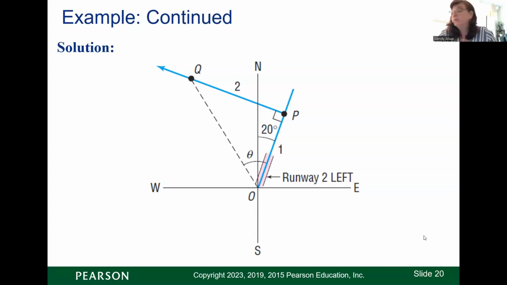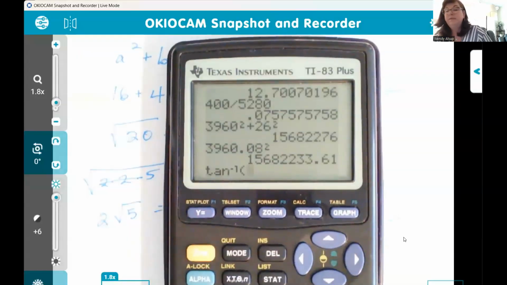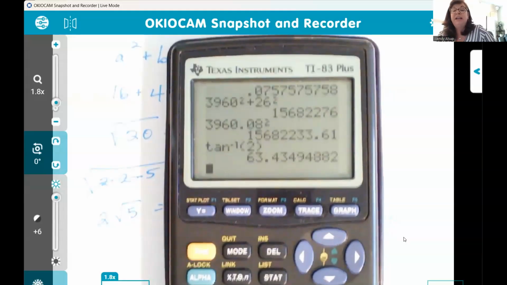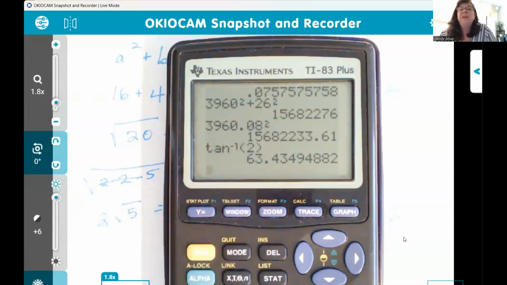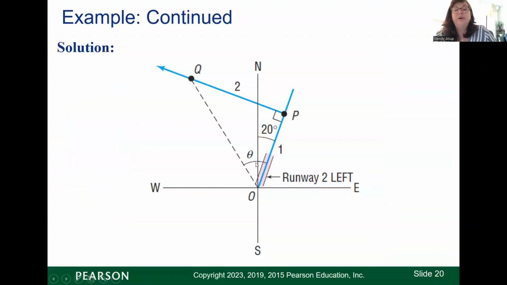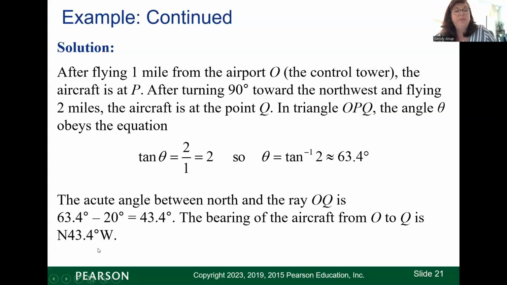I get an angle of 63.43, but I need to take off 20 degrees. The part that's in the northwest quadrant is only 43 degrees, so it'll be north 43.4 degrees west.